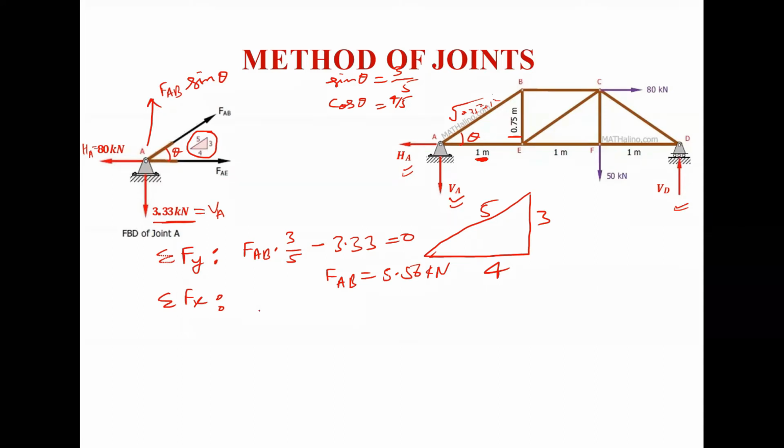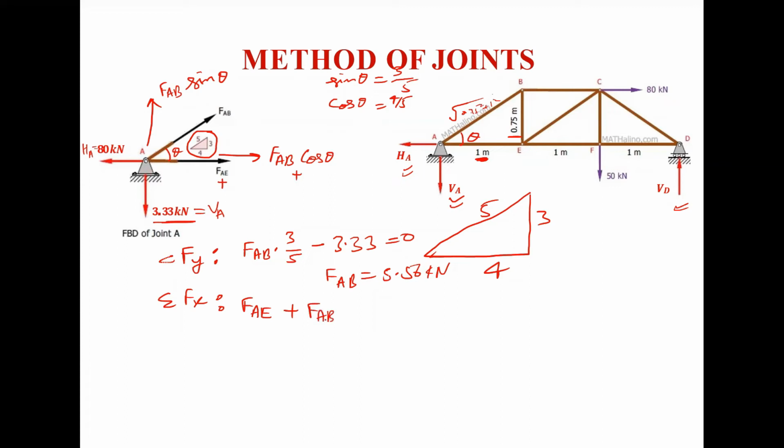Then apply horizontal force balance. Here you will have to take the horizontal component of FAB, and it will be FAB cos theta. So the net horizontal force will be equal to 0. Suppose we are considering this as positive force, so FAE is positive, plus FAB cos theta is also positive, and this HA will be negative, so minus 80 kilonewton is equal to 0.